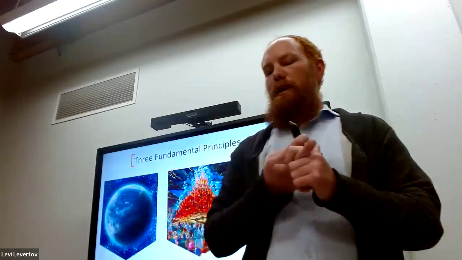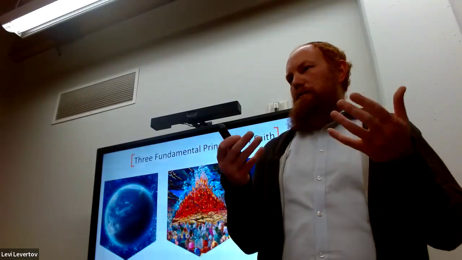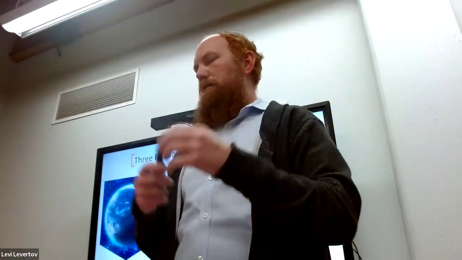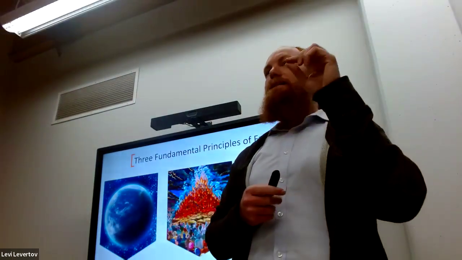And number 3, that we have free choice, because if you don't believe we have free choice, then we're robots, and there's no purpose in creation if we just do a function that God programmed us to do. So these are 3 fundamental principles that we believe in as Jews, and that the menorah itself represented. And so the menorah was symbolic of these 3 things.